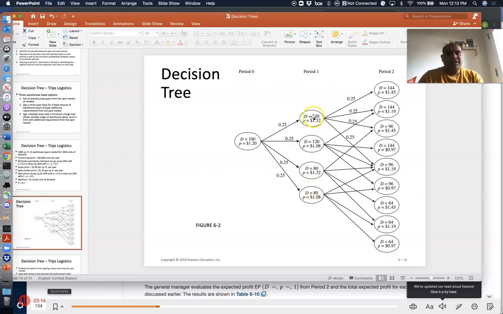So what is the probability that demand will go up and spot market price will also go up? Both of these things happening. So there is a 50% chance that demand will go up. There is a 50% chance that spot market price will go up. So there is a 50 times 50, a 25% chance that both demand and spot market price will go up, right? So this 25% that you see here, the 0.25, comes from the 50% times 50%. 50% chance that demand goes up, 50% chance that demand goes down, right?